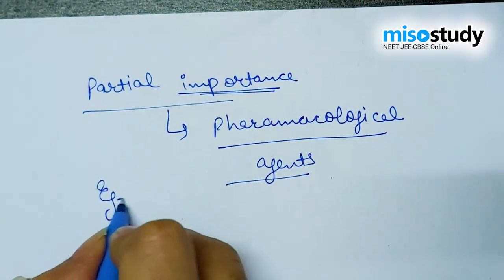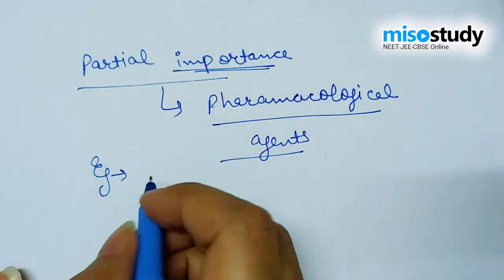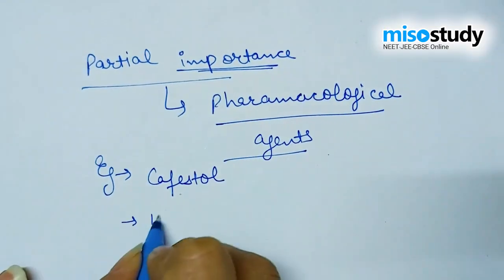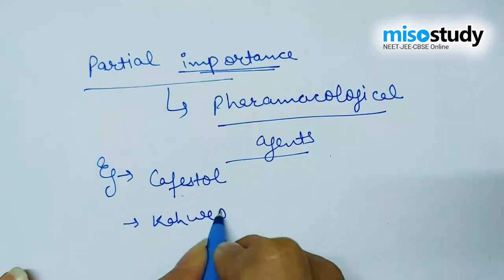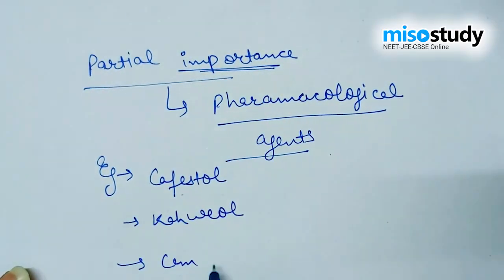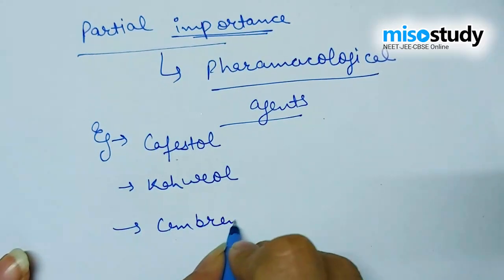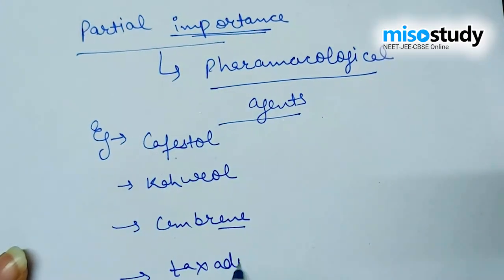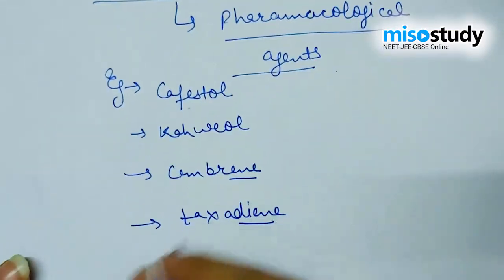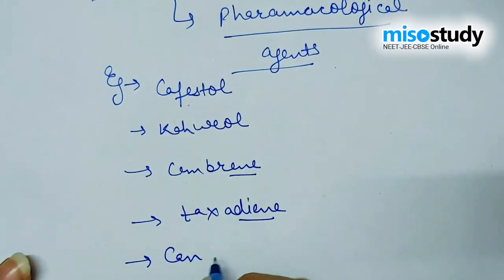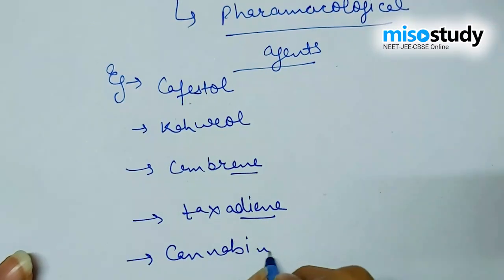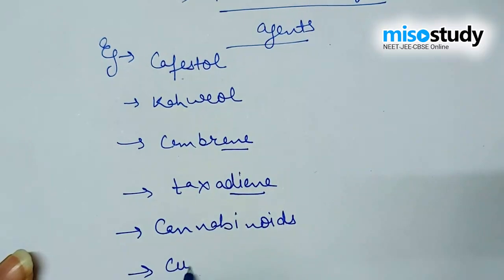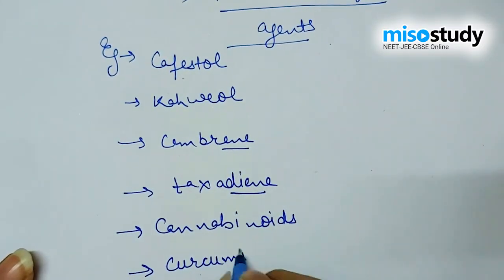There are various examples, like caffeol, cafestol, cembrene, taxadiene, cannabinoids, and the last one is curcuminoids.